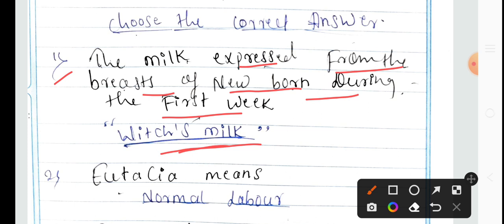When the mother breastfeeds, in the first week, the first 5 days, colostrum milk is produced. So that is the mother's milk, colostrum. Here they ask about the newborn's breast, so the answer is witch's milk.